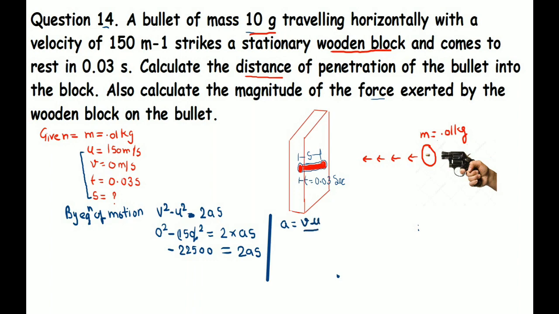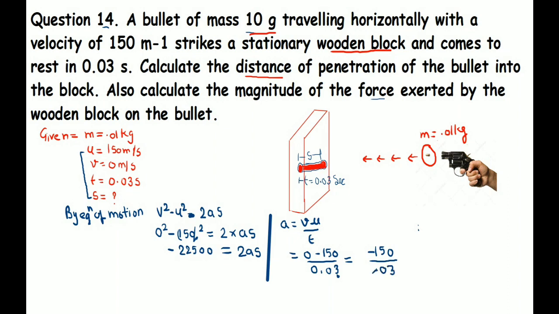So what I'll do is find out a first. Acceleration you can solve previously, before applying the equation of motion. We all know acceleration is the rate of change of velocity with respect to time. Placing all the values, we have all these values.